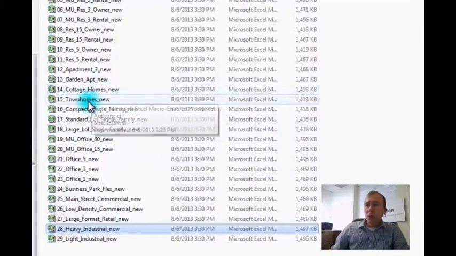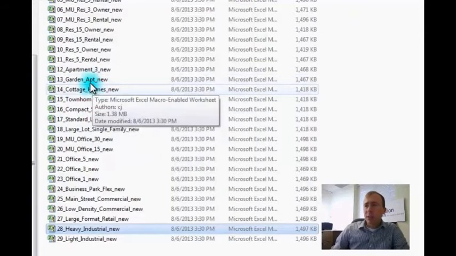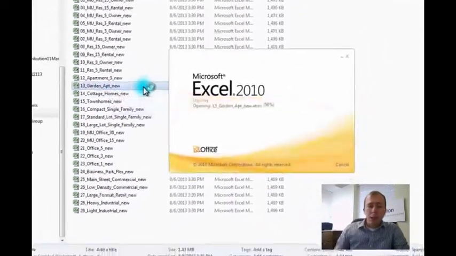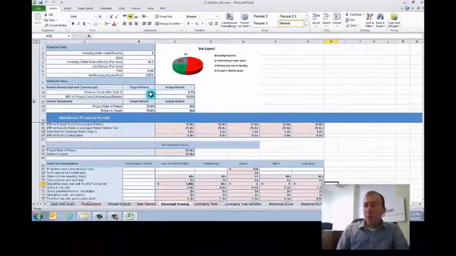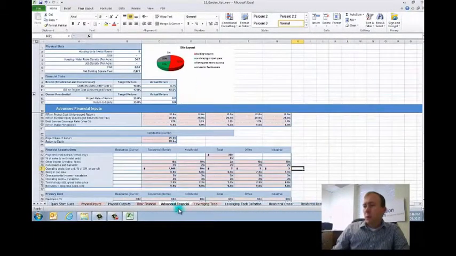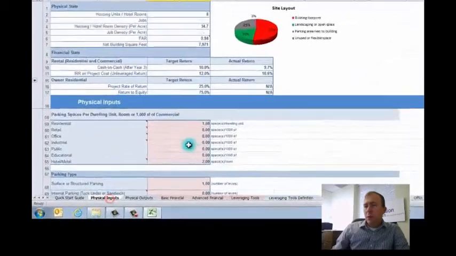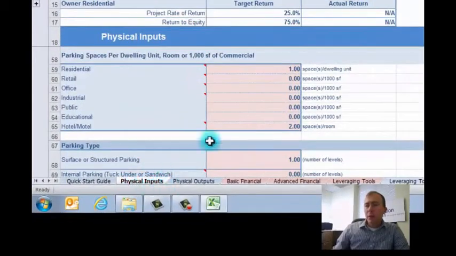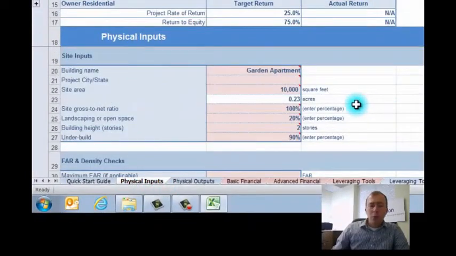Let's go ahead and open one of these spreadsheets and look at where we input those factors. So I am on the Physical Inputs tab, and what I'm looking at specifically are these cells in the pink. And these are where you input the assumptions that go into your building prototypes.